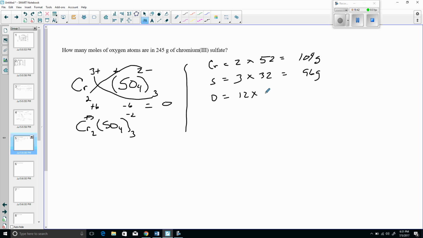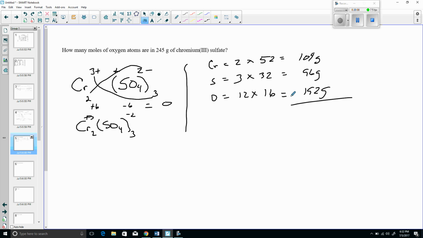And then oxygen has a molar mass of 16, and that will be 192 grams. Now what are we going to do with this information? If you said add them up, you are absolutely correct. So we're going to add all those up.